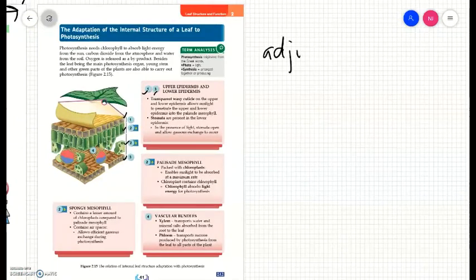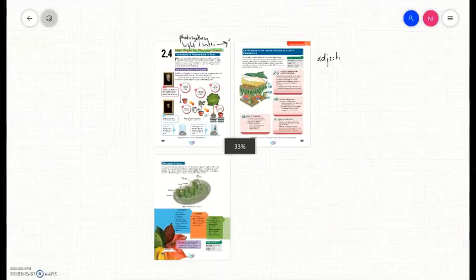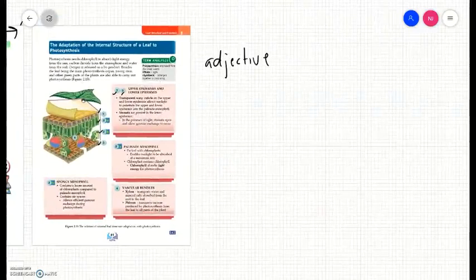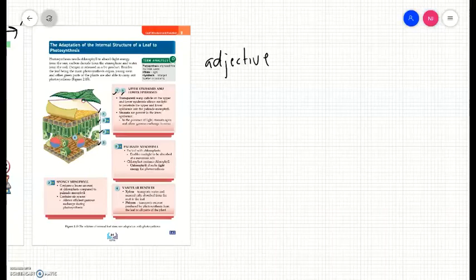Adjective ni macam kata sifat. Why I want to share this is so that it will be easier for you to understand the sentence, or easier for you to write your answers.